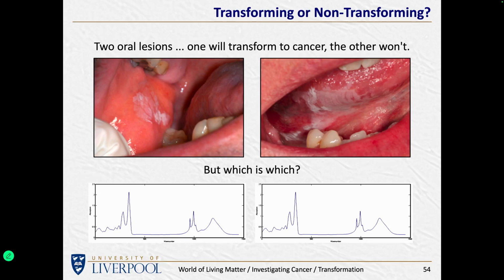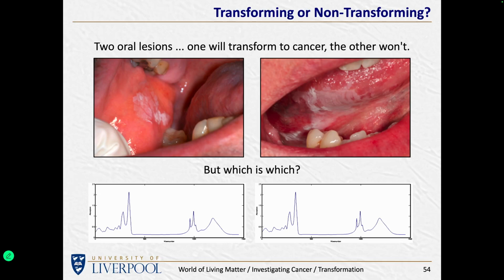So one of my PhD students, who's now a postdoc, is an expert in writing code that will pull out these tiny differences to tell us what's actually going to happen, or at least predict with as much certainty as possible what is going to happen.